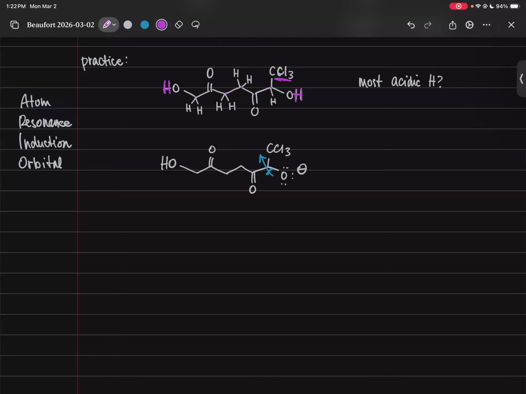And then there's no induction over on the right-hand side. We don't have any super electronegative atoms. So that makes this the most acidic proton on the molecule.